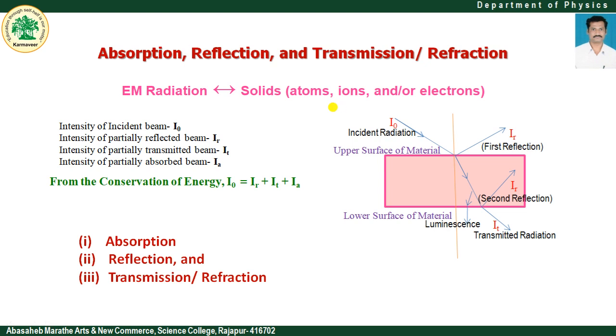Also, we have seen that the optical phenomenon that occurs within solid materials involve interaction between electromagnetic radiation, that is the light energy, and the atoms, ions, or electrons of the solids, which gives rise to physical process such as absorption, reflection, and transmission. Okay.